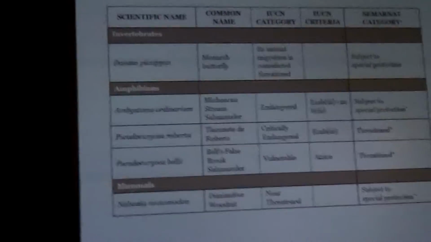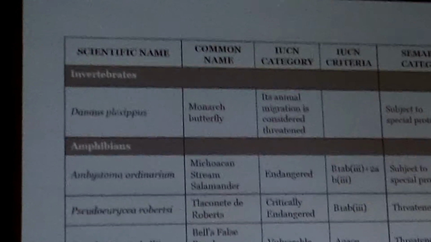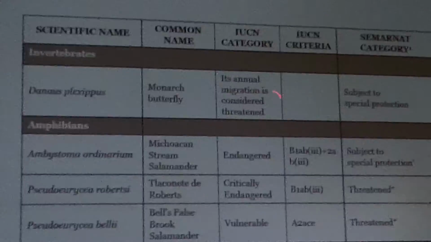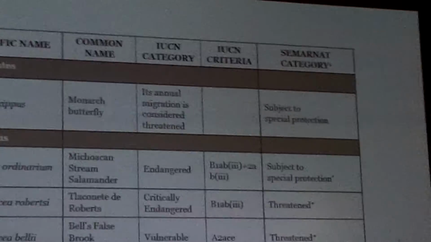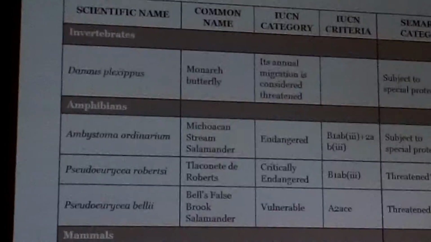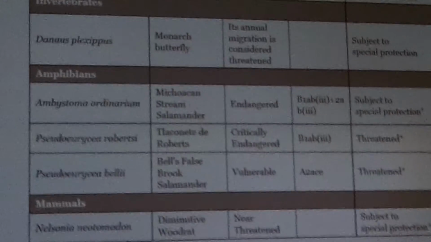I don't like rats, but this one is just cute. And for the monarch butterfly, until now, IUCN has not evaluated the condition of the monarchs, but at least they consider that their migration phenomenon is threatened.